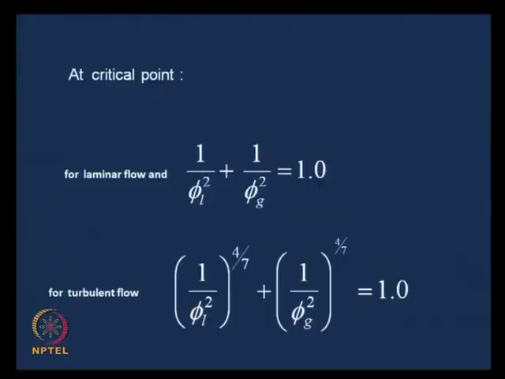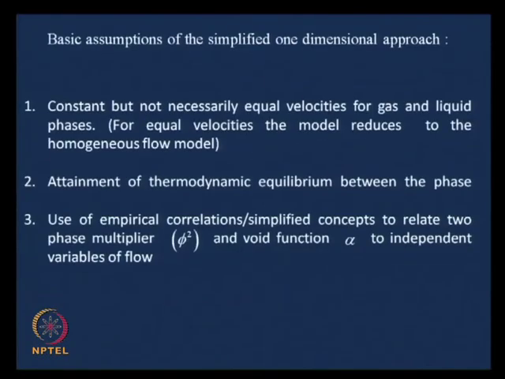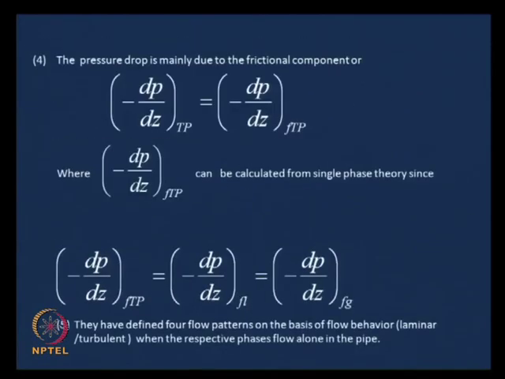Now, the first thing, if you notice, for this Lockhart and Martinelli correlation, we find that this gives us a correlation between phi L square and phi G square. If you remember the basic definitions, I will just write them down once more.